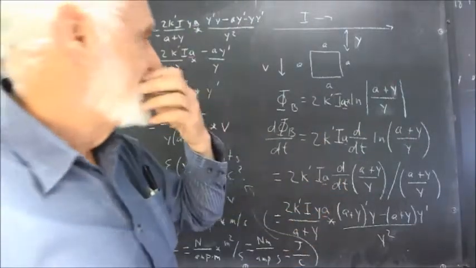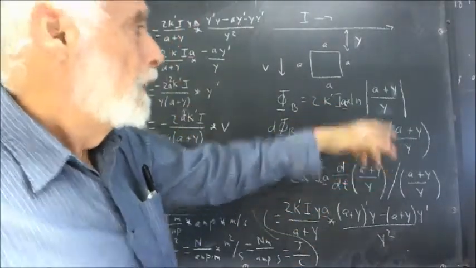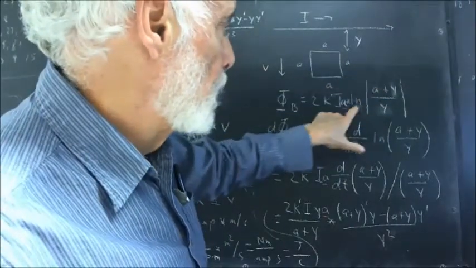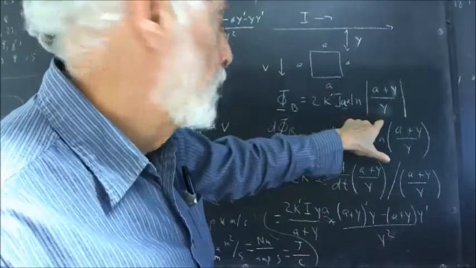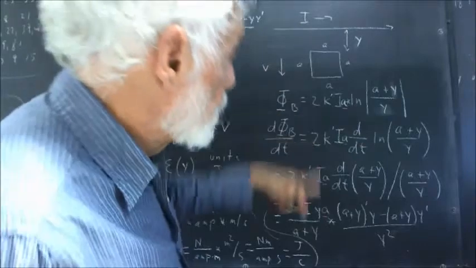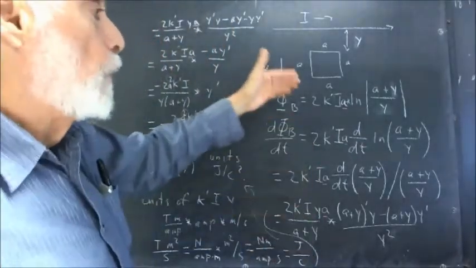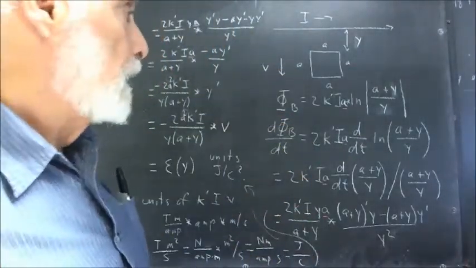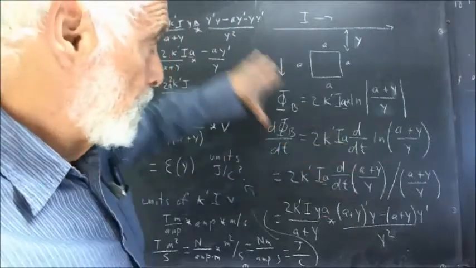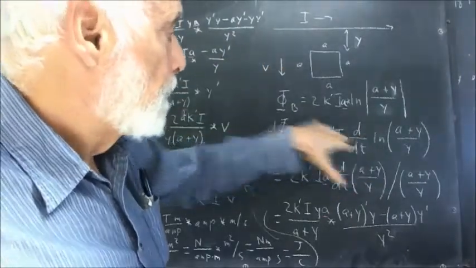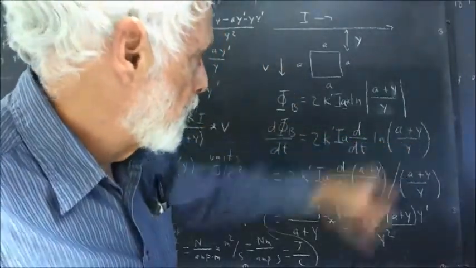And of course, when A plus Y over Y approaches 1, the natural log approaches 0. So the flux approaches 0 as Y approaches infinity, at a decreasing rate.